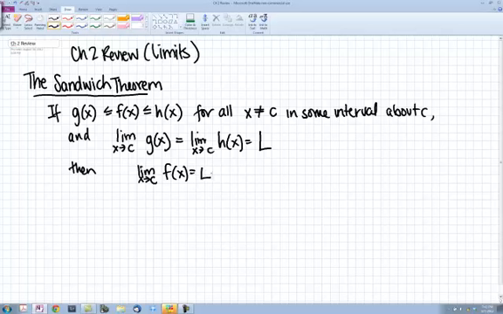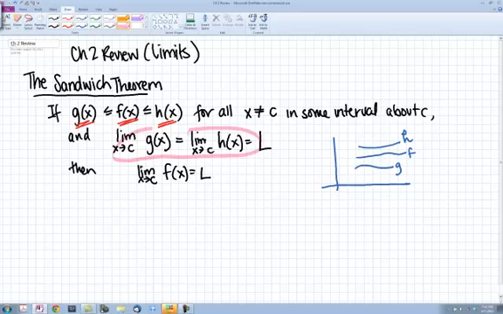So basically, just picture these three functions, g, f, and h. For some interval, meaning on whatever section we're looking at, g is always on the bottom, f is always in between, and h will always be on top. So look and see what this first statement says.